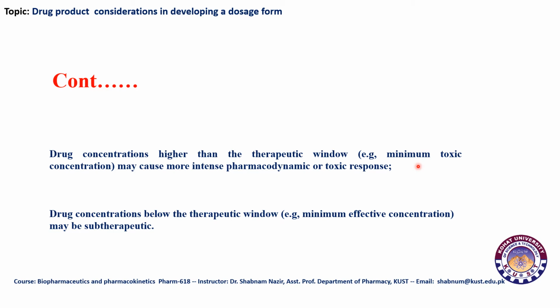What should be the release rate to maintain the concentrations within the desired therapeutic window or limits, and not to cross it or not to achieve a level below the minimum effective concentration? So you can see that all these things are linked: pharmacokinetic profile, then the dose, then release rate, and then the desired drug concentration, which is again linked to the therapeutic window, and it is determined on the basis of the therapeutic window.